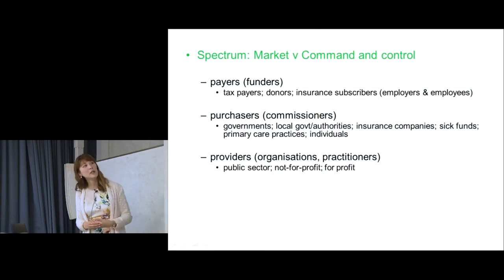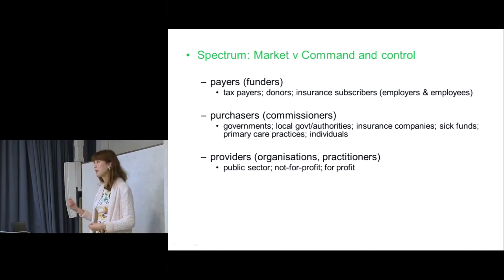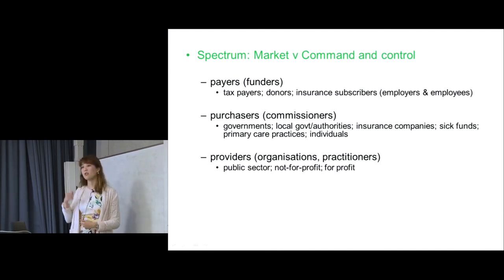Sick funds is what a lot of European countries call their social insurance schemes. Sometimes primary care practices, the generalists, purchase the more specialist healthcare. And people can buy services through out-of-pocket payments. If you see a private doctor, you pay them out of your pocket.